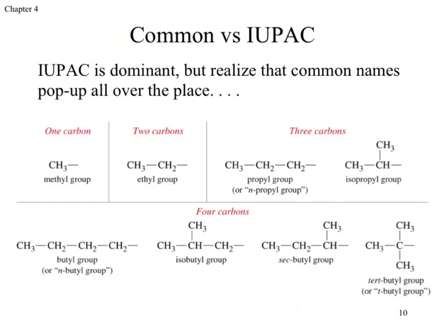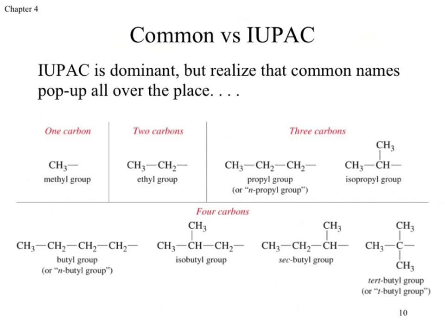When we hit 3 carbons, we can now change our nomenclature system. If those 3 carbons are in a straight line off of our main chain, it's propyl. There's no way around that one. But what happens if we take one of those other carbons and we put it off of our main section? That gets us our 1-methyl ethyl or isopropyl.